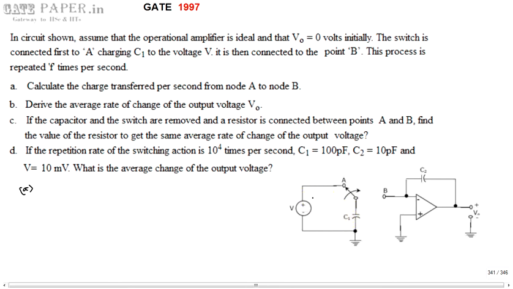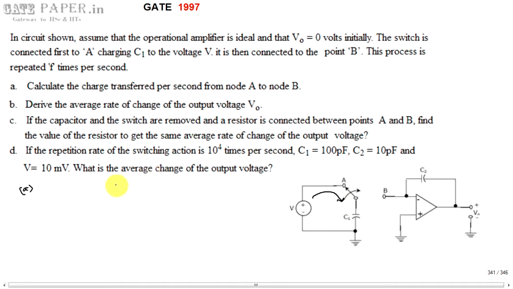Whenever V is connected, a current flows in this way, and due to this current, the capacitor starts charging and it can charge up to the voltage V. When it has charged to V, at that time it acts as an open circuit. Then we can say the capacitor is in steady state.